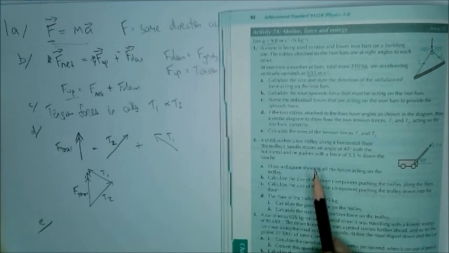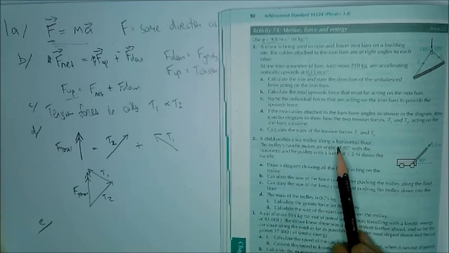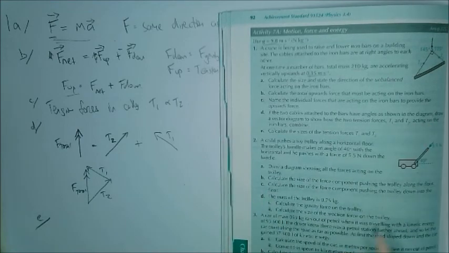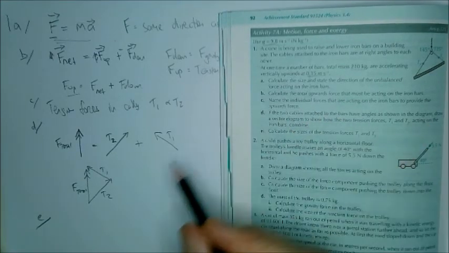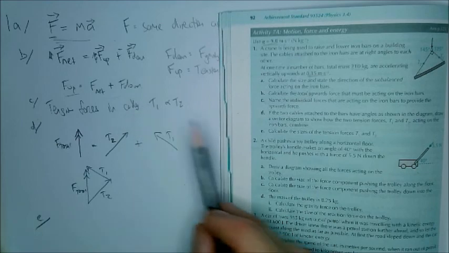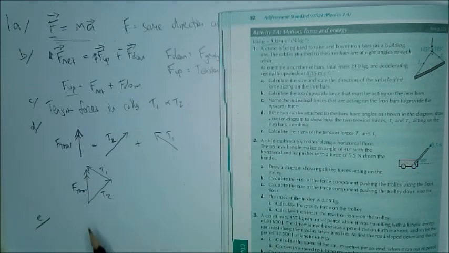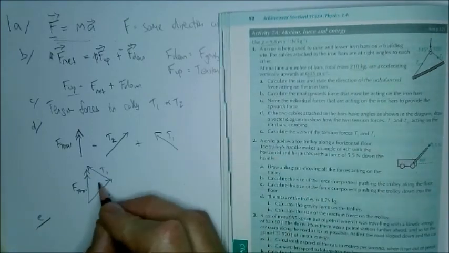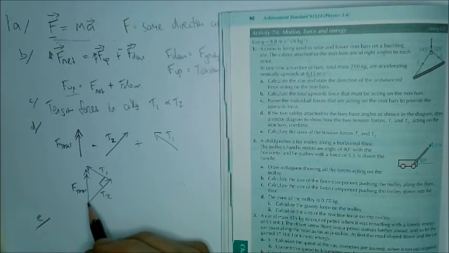E. Calculate the sizes of the tension forces T1 and T2. How do we go about that? Well, firstly we have to go through, we'll have worked out by now what the total upwards force is, the magnitude of this. We've been told some really useful information, that they're at right angles to each other, and then we can use our trigonometry.